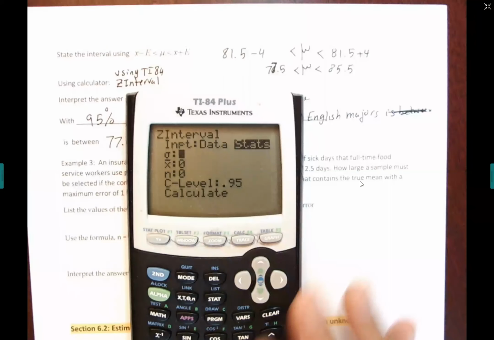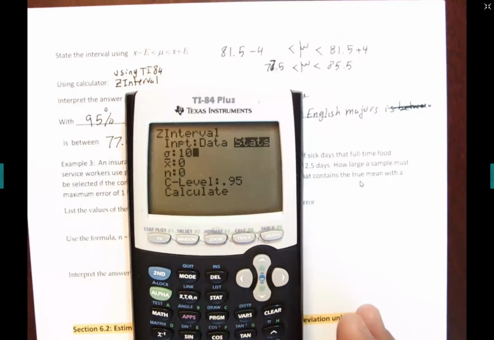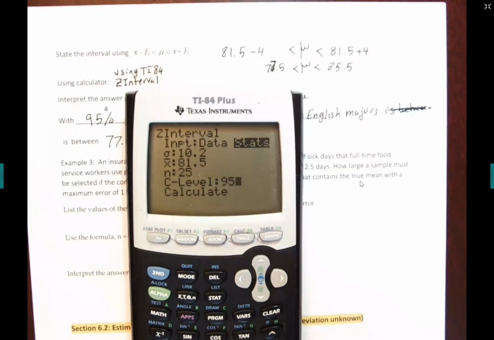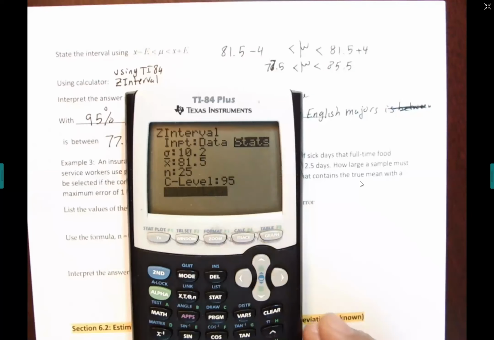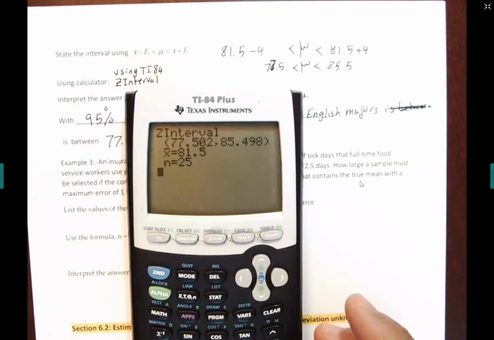Sigma is 10.2. X bar is 81.5. N is 25, guys. And the confidence level, you can put 95 or 0.95. It doesn't matter. The calculator will pick it up. And watch, guys. Works like magic. 77.5, 85.5, and that's what we got.